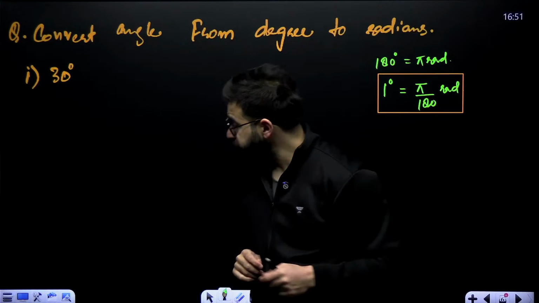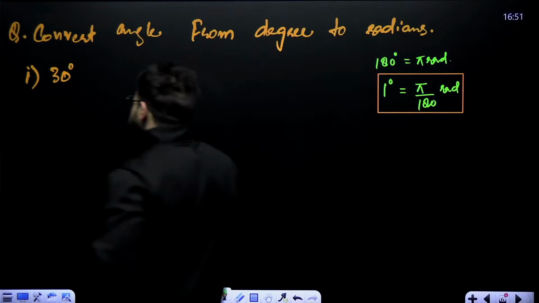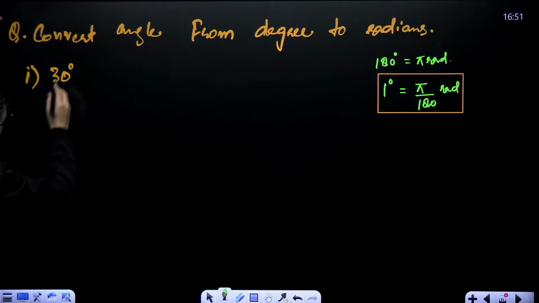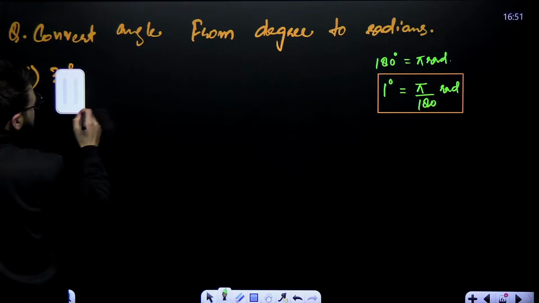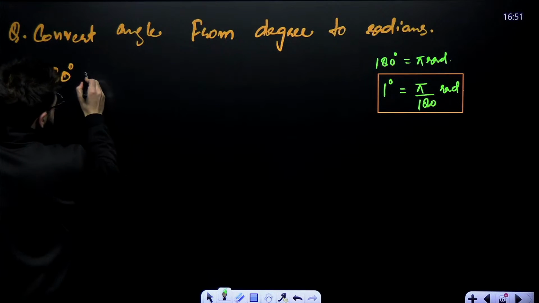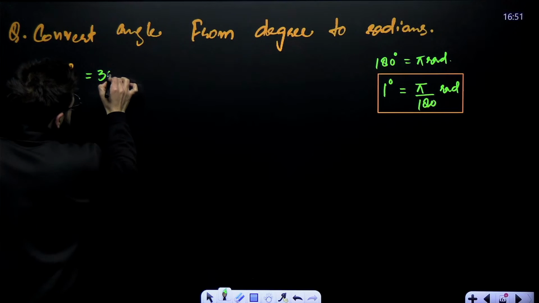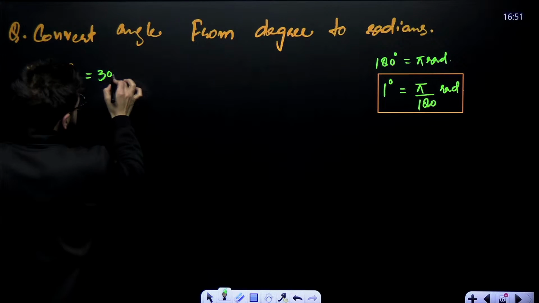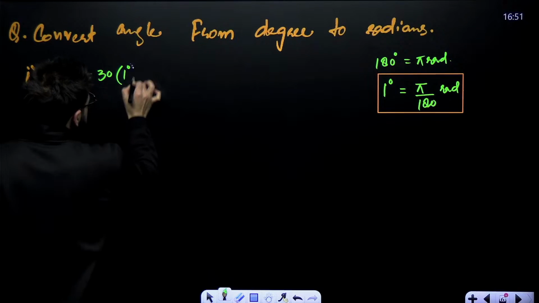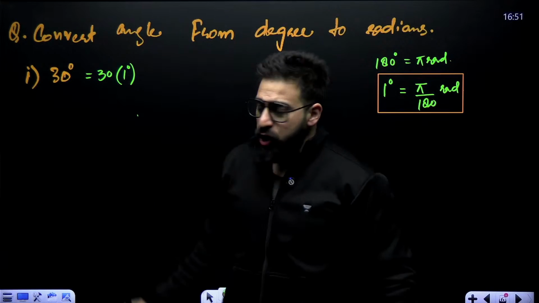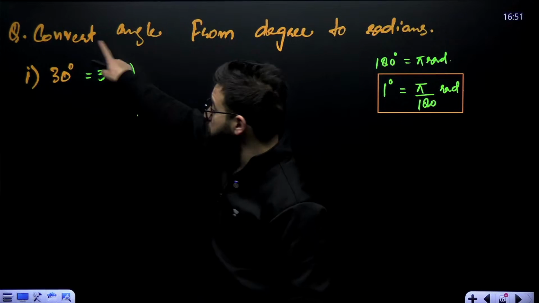Okay. Now, guys, tell me one thing. When it comes to this 30, can I write this 30 as, simply, 30 degrees is 30 into 1 degree. Because when you multiply 30 with 1 degree, it becomes 30 degrees.